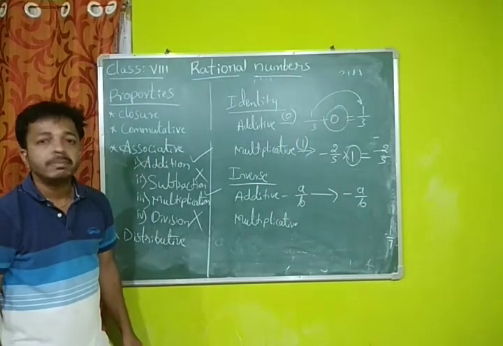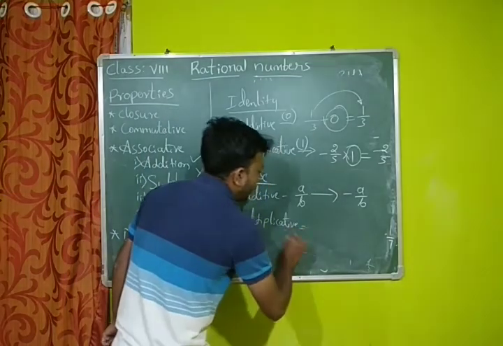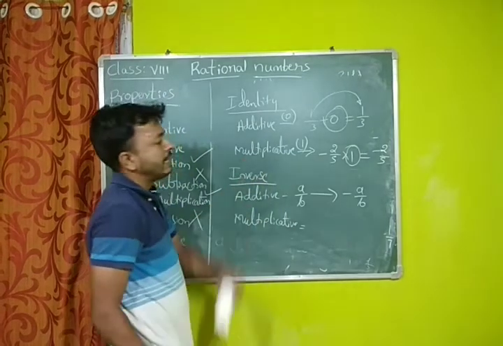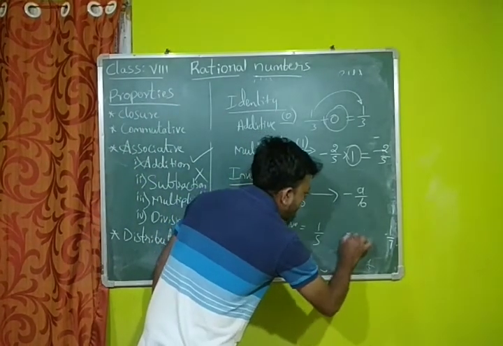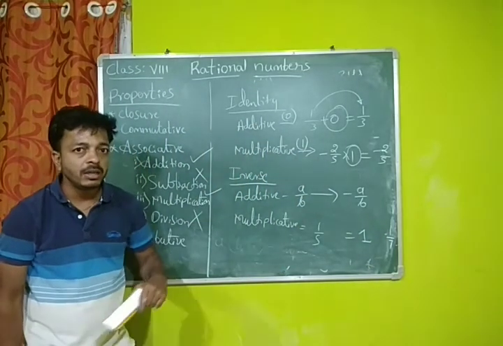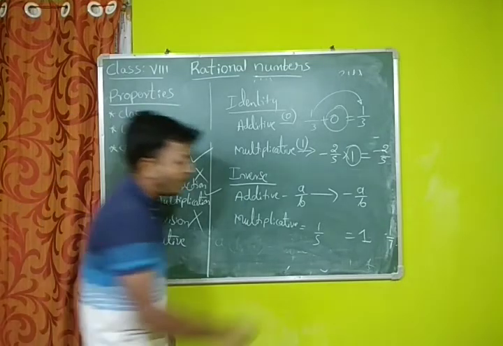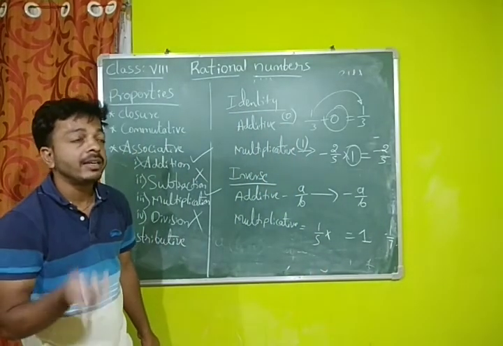Now come to the multiplicative inverse. The multiplicative identity is 1. If I take 1 by 5, I need the answer 1. So what should I multiply to get 1? Just think.